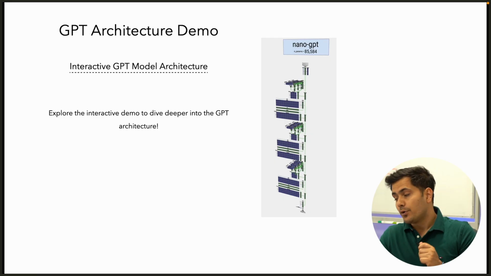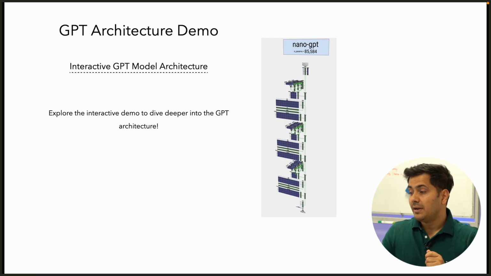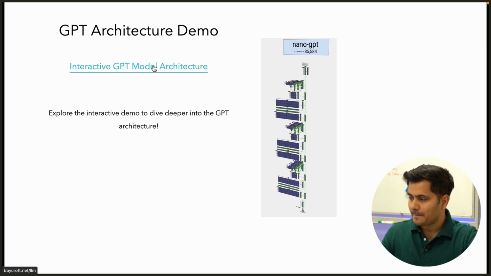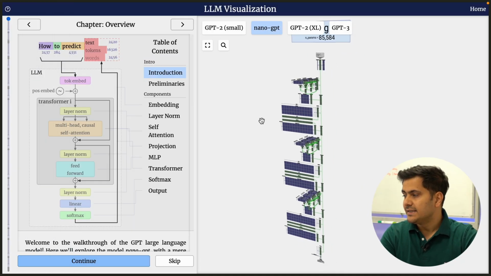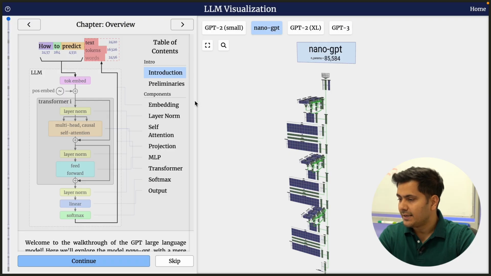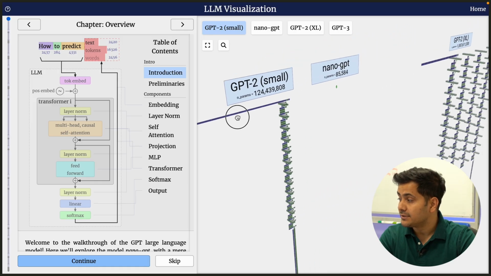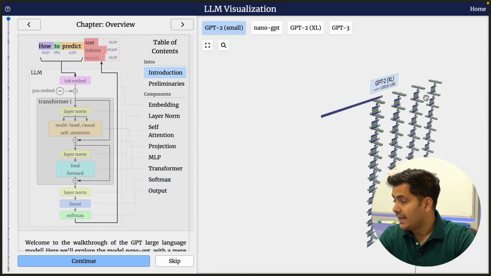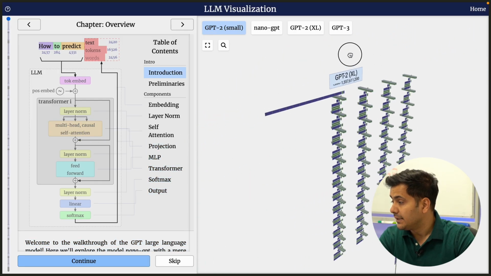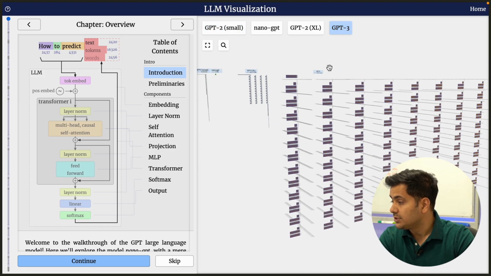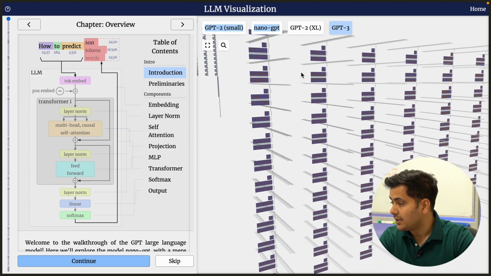Now, we have spoken about transformers a lot. Let's look at what a transformer model looks like. This website allows you to look at basically underneath the hood of some of these models. You can look at a model like GPT-2, which has 124 million parameters, or a GPT-2 XL variant, which is 1.5 billion, or GPT-3, which is how many parameters?